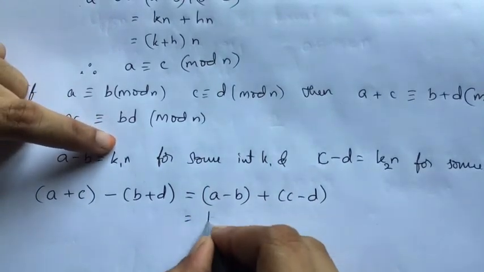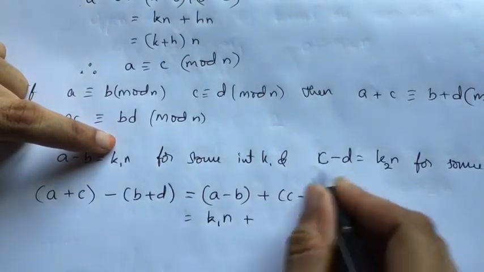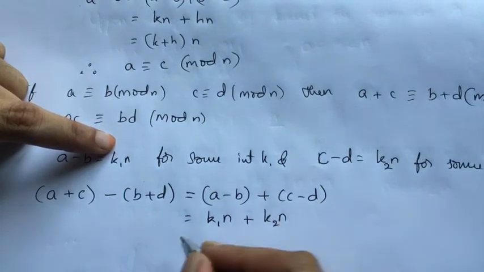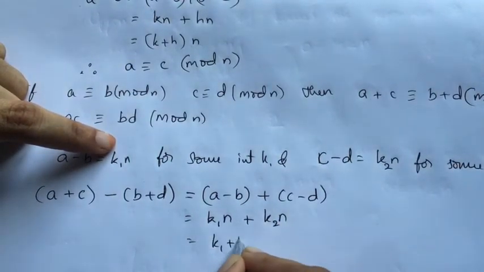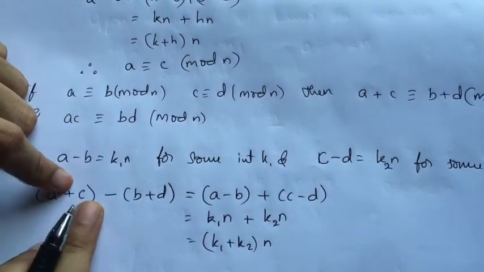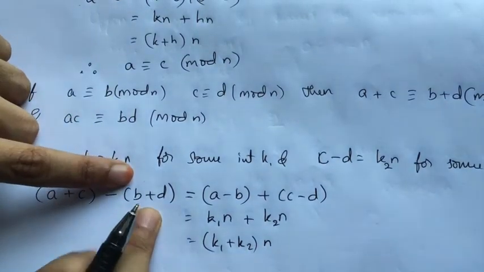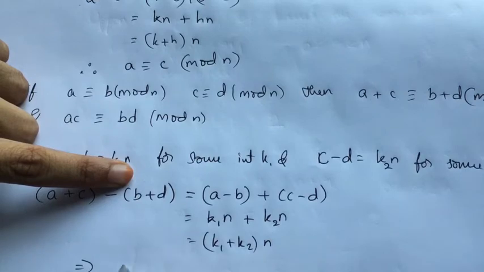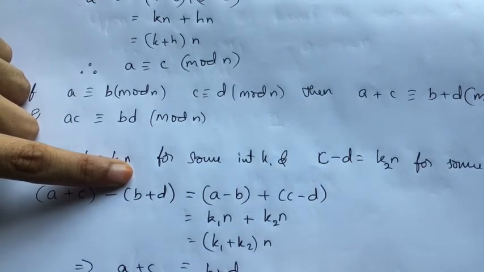A minus B is k1 times n and C minus D is k2 times n. So it's k1 plus k2 times n. It means n divides A plus C minus B plus D. That is the same as writing A plus C is congruent to B plus D mod n.